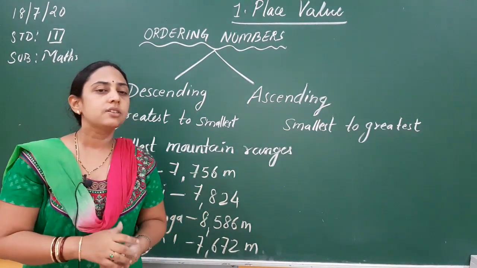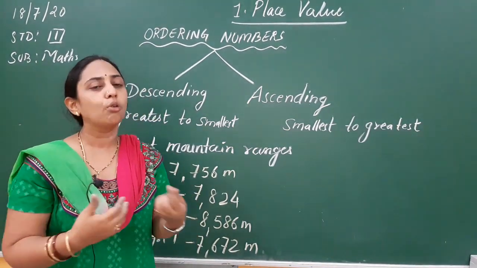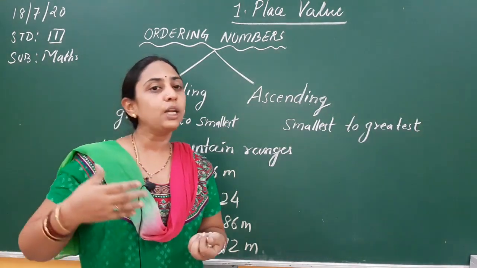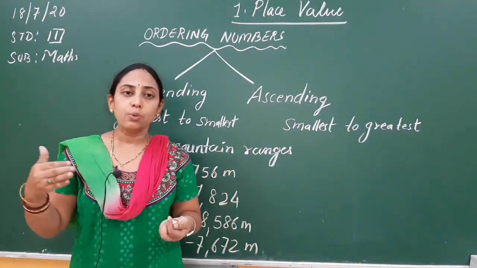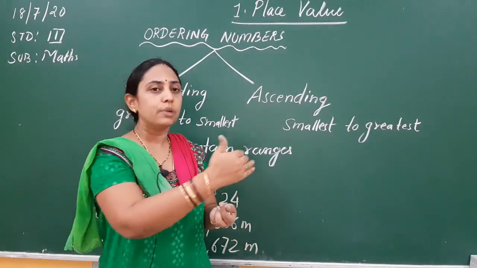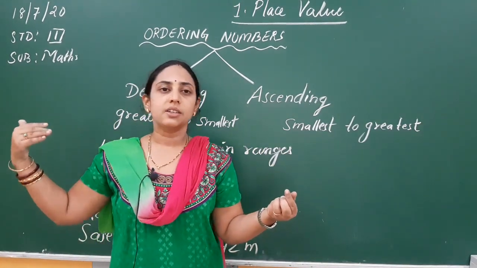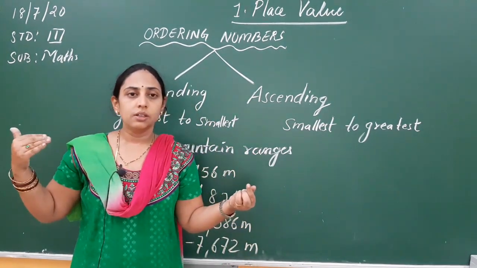Suppose when you are standing in assembly, you don't stand in your own way. There is some order. If we say height wise, the shorter one must be standing first and the taller one standing last, right? So that is order.